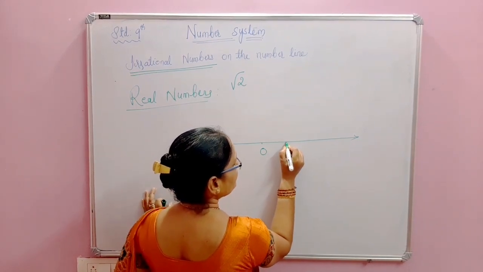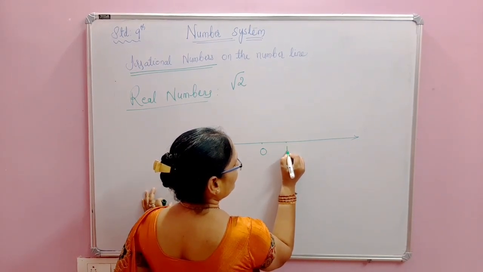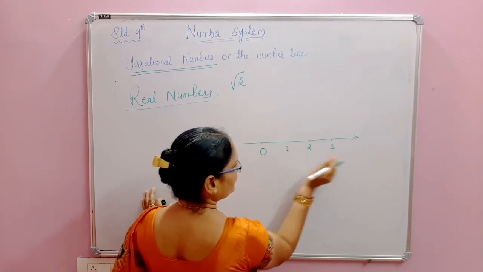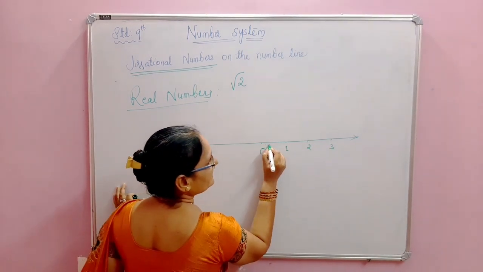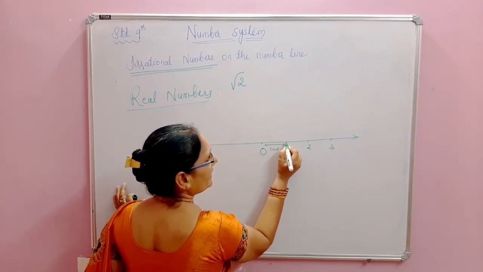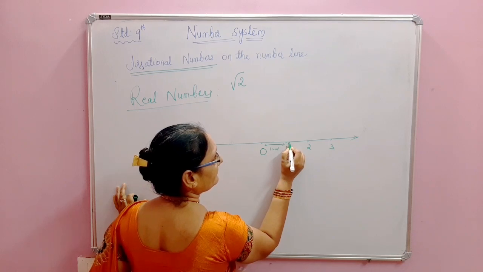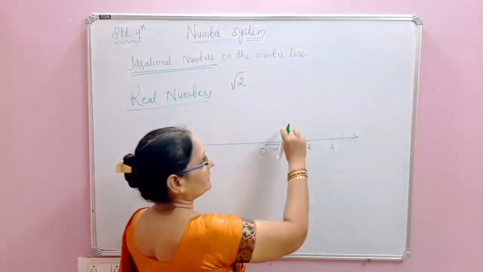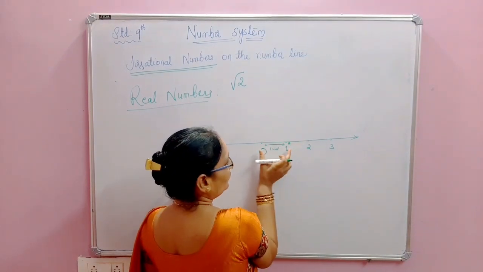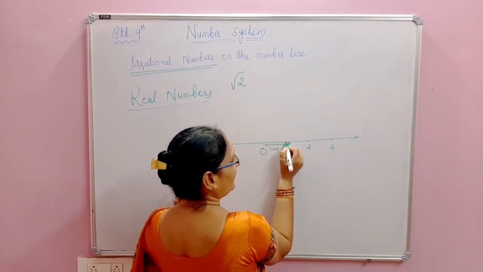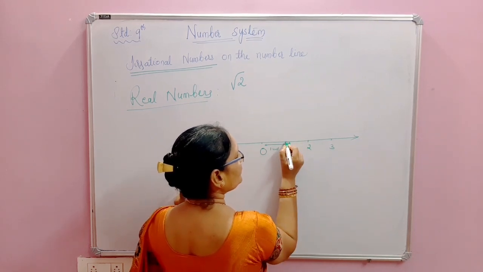See, this is 1, 2 and 3. Take 1 centimeter, this length is 1 unit. Mark this as point A. In the same way, draw a perpendicular to this OA, perpendicular to this point, and this also is 1 unit here.